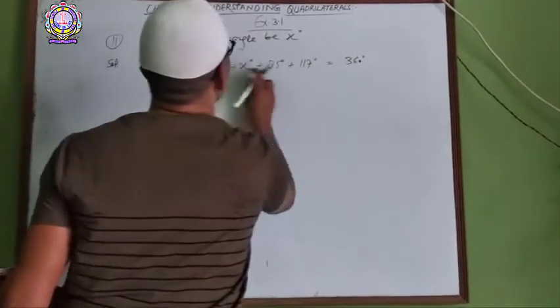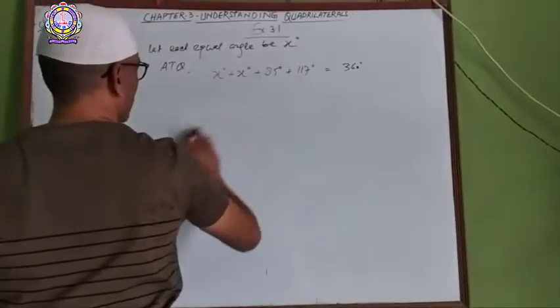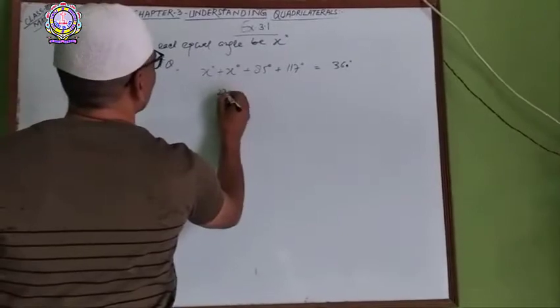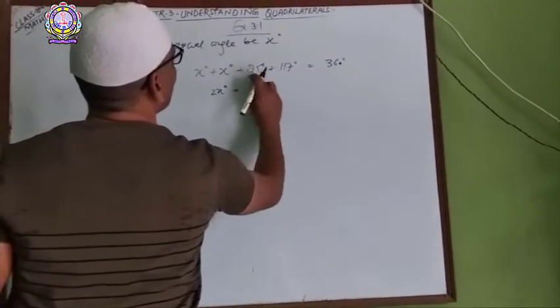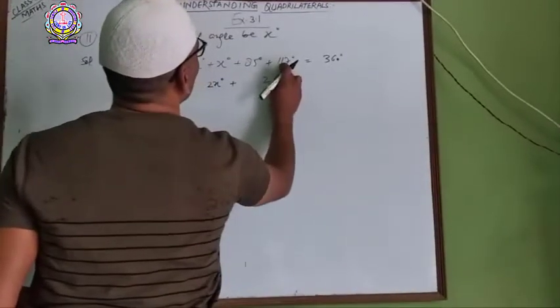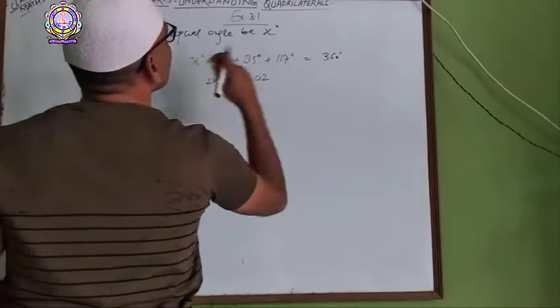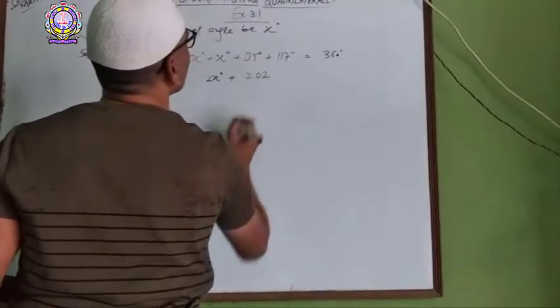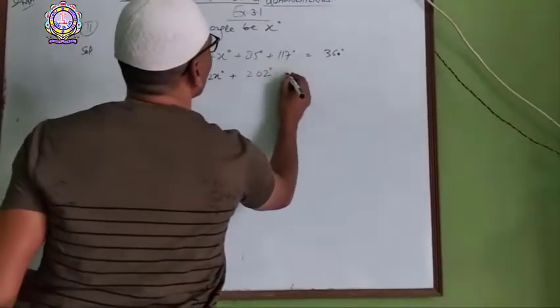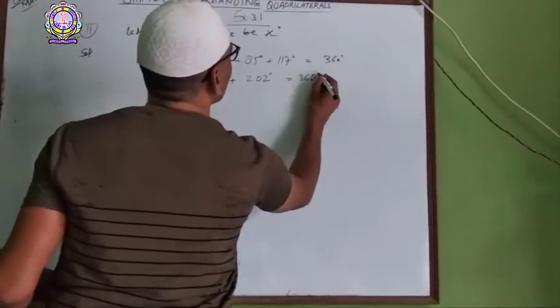These are the four angles, and the sum of four angles must be 360. Solve this equation: 2x degrees plus 85 and 117, this will give you 202 degrees is equal to 360 degrees.